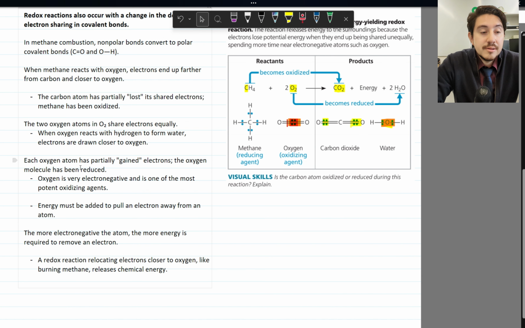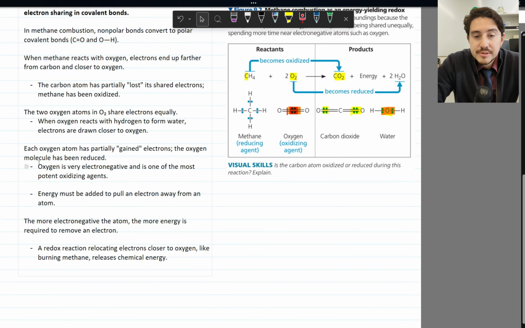Let me just move down a little bit here. So the two atoms of oxygen share electrons equally, as you see here, in red. They both have the same electronegative strength, so there's an equal sharing of electrons. But when oxygen reacts with hydrogen to form water, you have this same instance here, right? Electrons are drawn closer to oxygen, as a similar case here.